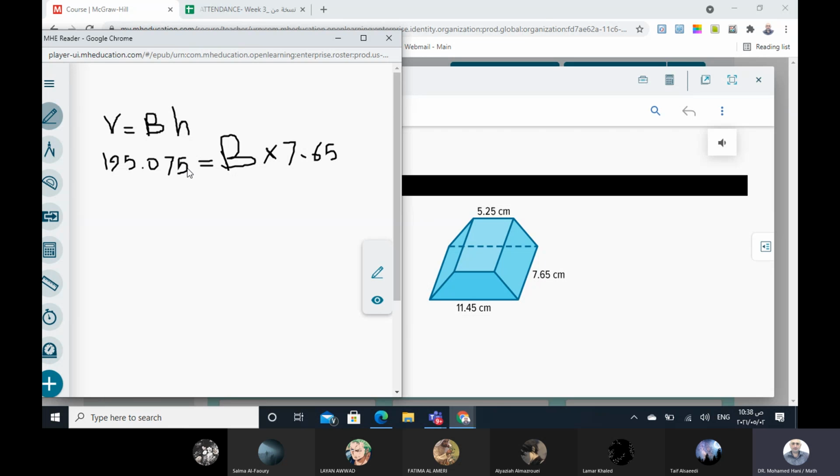So now we have the formula. How to solve this formula? Take the coefficient and divide the two sides by the coefficient. Divide here by 7.65 and divide here by 7.65.